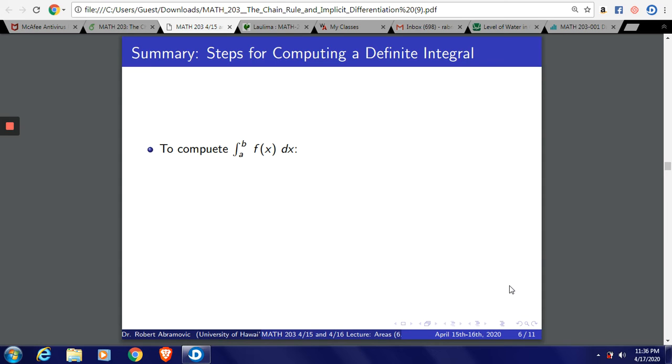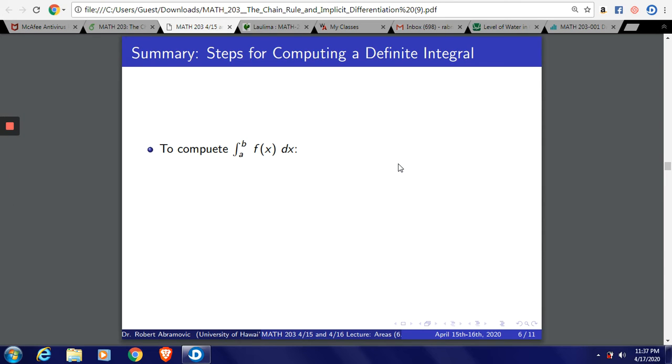Let's summarize what we did. What are the steps in the previous example for computing a definite integral? To compute, let's just spell that, C-O-M-P-U-T-E.